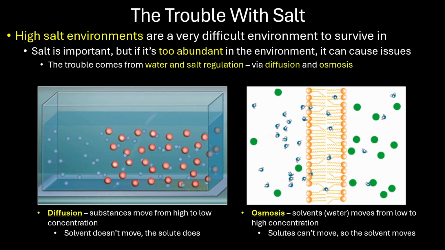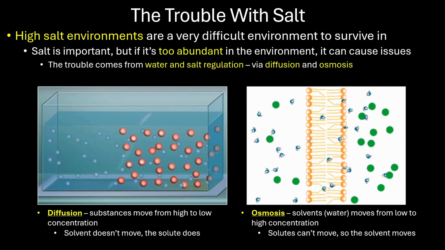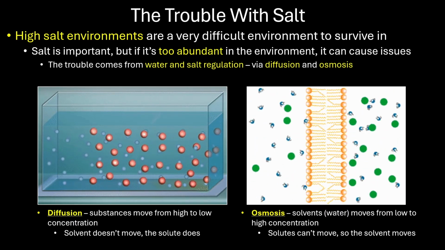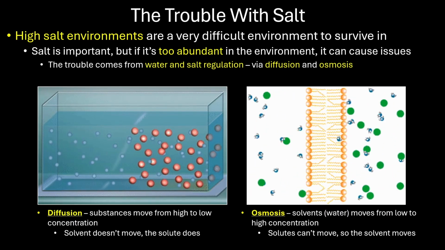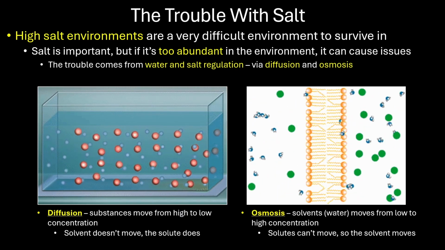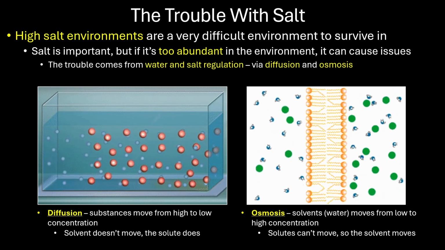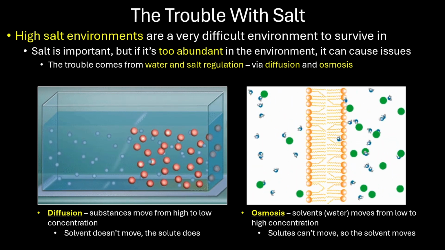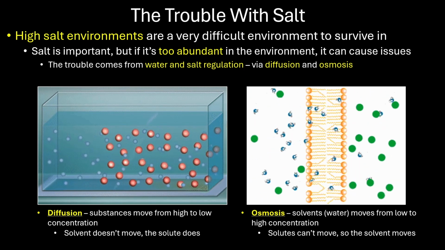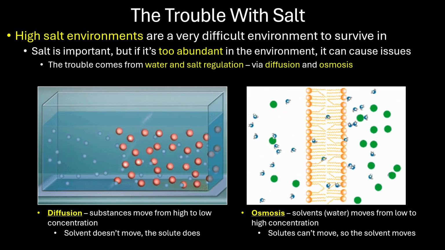Okay, so hopefully this is review, but diffusion is a natural process where molecules that are dissolved in a liquid want to move in a particular direction. They want to move from places of high concentration to places of low concentration. So if you think about it like this, if you go to make Kool-Aid, I make Kool-Aid every now and again.